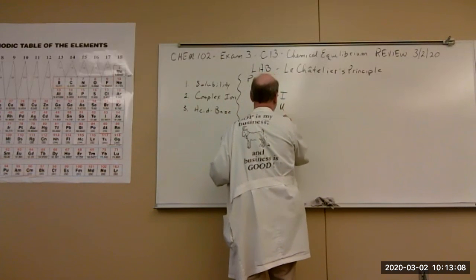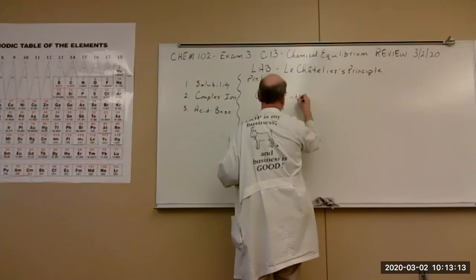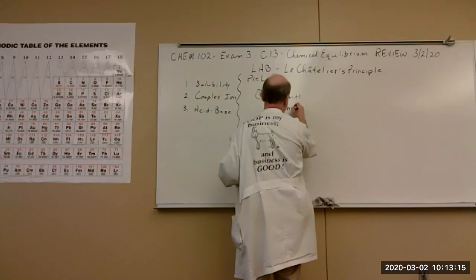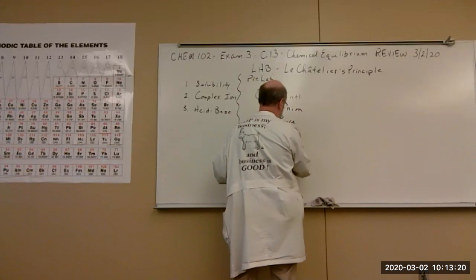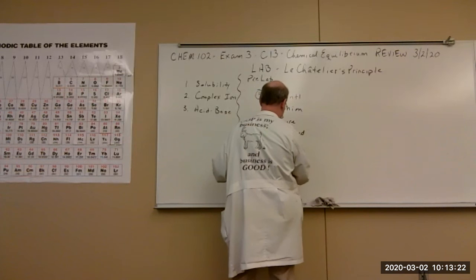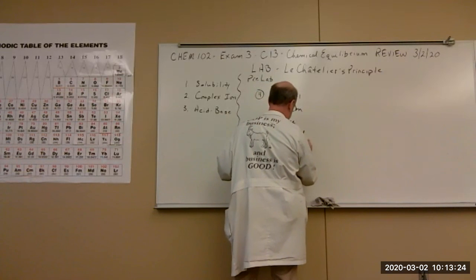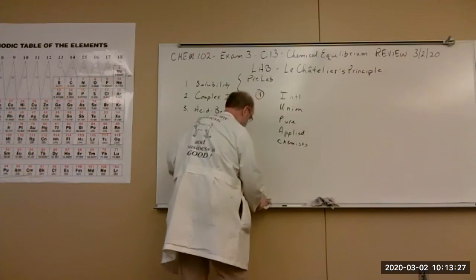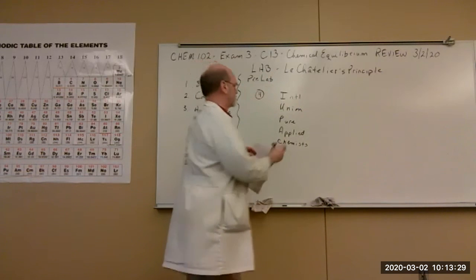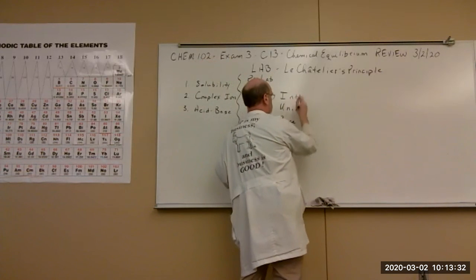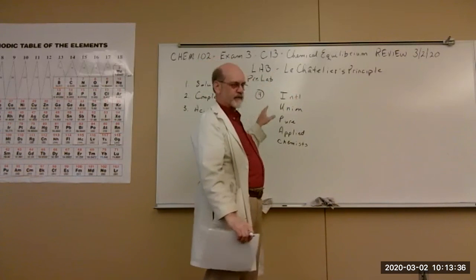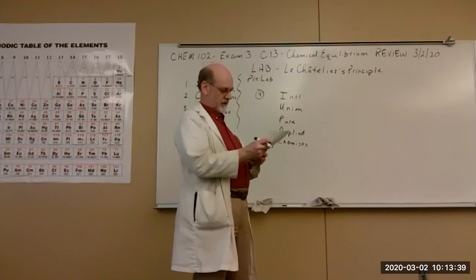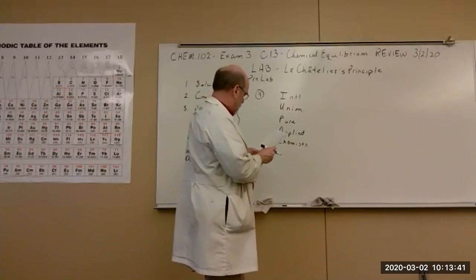IUPAC is the International Union of Pure and Applied Chemists. They set the ground rules, particularly for nomenclature. So if you're going to name a compound, you go to these guys to figure out how to name it unambiguously.